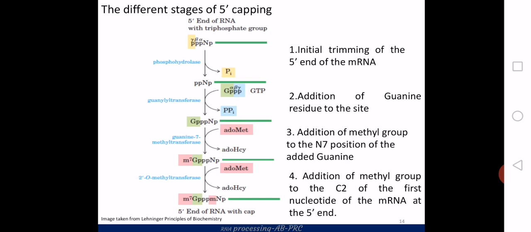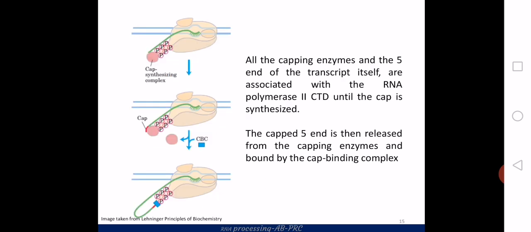So that's about the addition of 7-methyl guanosine into the 5' cap, and occasionally there will be addition of a methyl group to the already existing nucleotide bases in the mRNA. That means the 2' position of the first nucleotide of the mRNA at the 5' end also will be methylated, and that's done by another enzyme called 2'-O-methyl transferase.